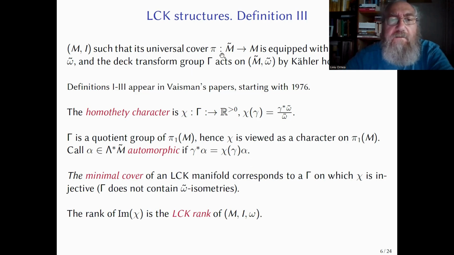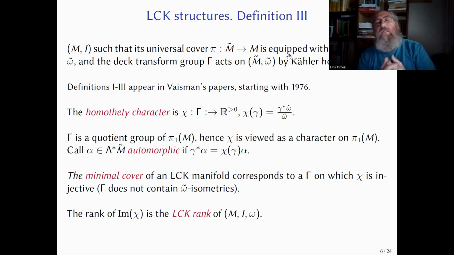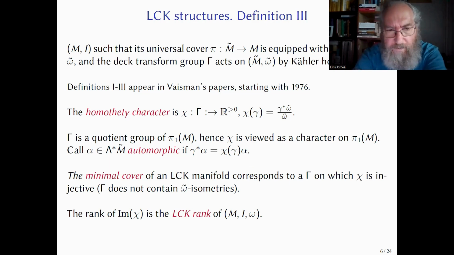As I said, you don't have only the universal cover, you can have many subcovers with a Kähler form and the deck group acting by homotheties, and we are interested in the extreme ones, the universal cover and the minimal cover. The minimal cover corresponds to a deck group with no isometries.